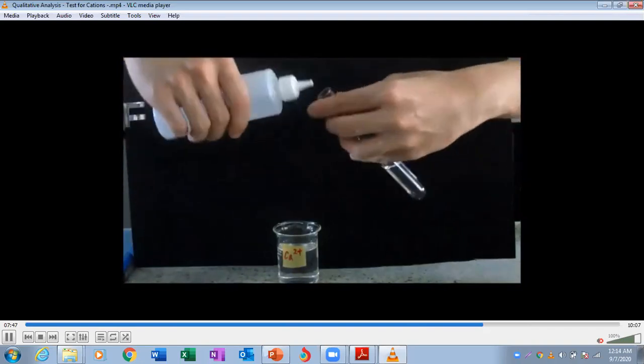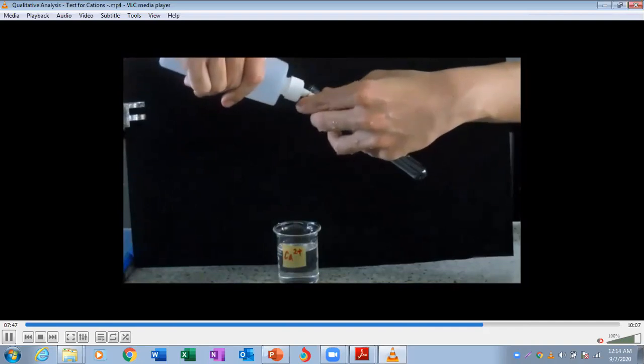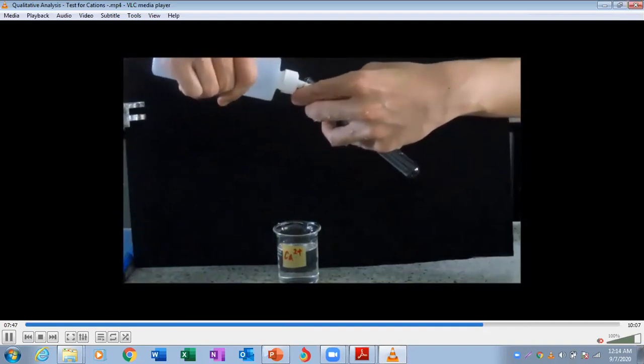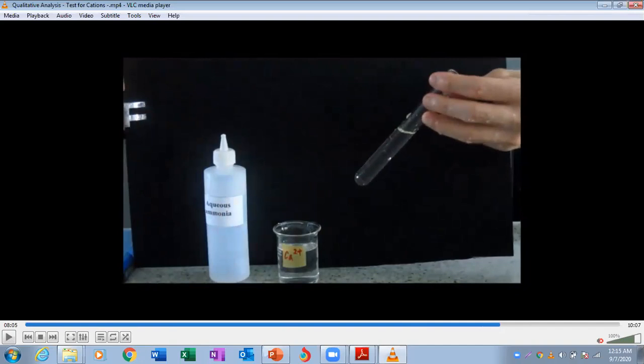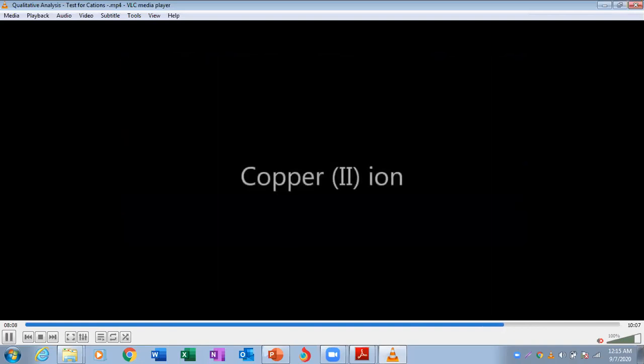No, there is no precipitate formed, but in the previous case there was a white precipitate. When calcium was reacting with sodium hydroxide, it was producing the white precipitate. But in ammonia, there was no white precipitate. Now in case of copper 2, the same result.